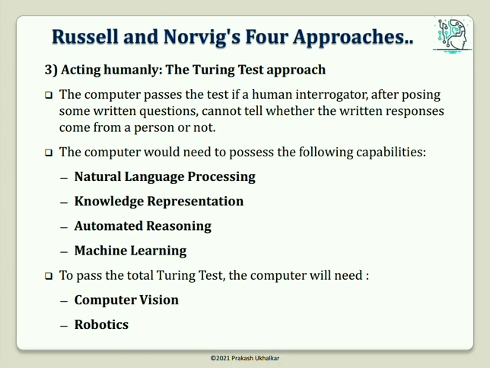To pass the total Turing test, the computer will need computer vision to perceive objects and robotics to manipulate objects and move about. These six disciplines compose most of AI, and the Turing test deserves credit for designing a test that remains relevant 50 years later.